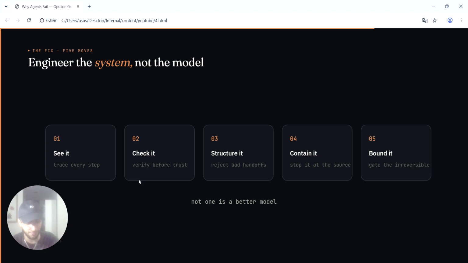You're not waiting on OpenAI or Anthropic to ship a better model or a new framework for better AI agent orchestration. You're not waiting for anyone. The fix is just engineering, and you can start today, right now, and fix your whole system, or build it right away if you haven't built it yet.